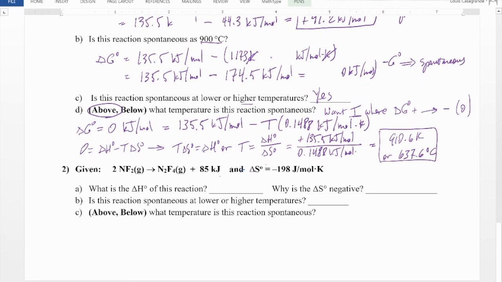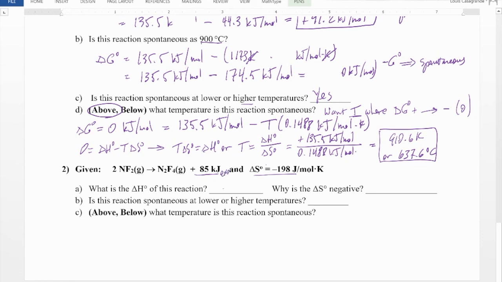All right, so let's take a look at this reaction here. There's our delta H, so we're giving it to you in the reaction, and there's our delta S naught. The delta H naught of this reaction is exothermic, right?